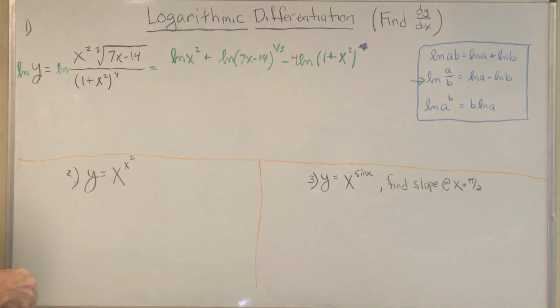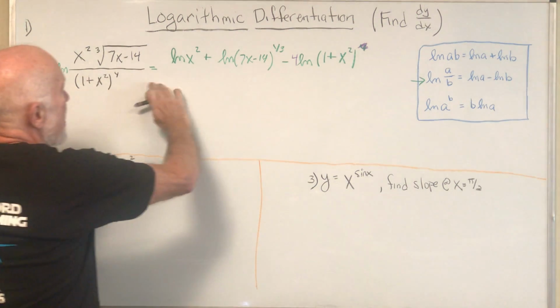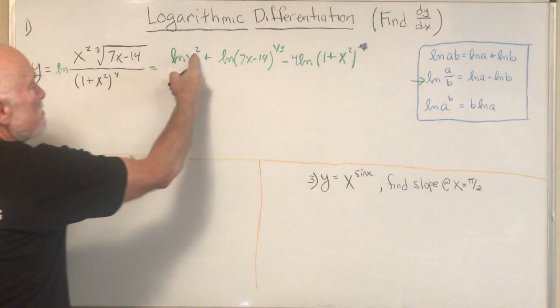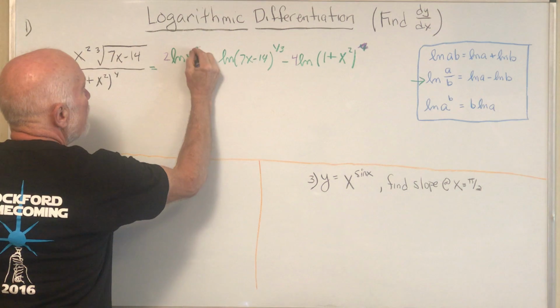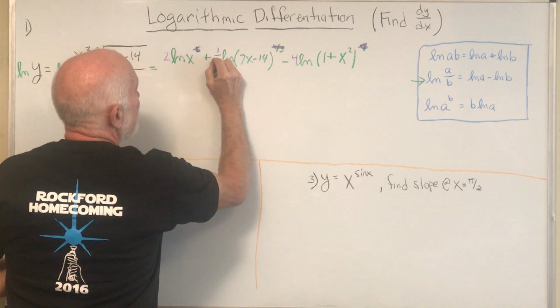So we haven't done anything but take the log of both sides and then use the property of logs to simplify this. And we can bring this 2 out front, and we can bring this 1/3 out front.